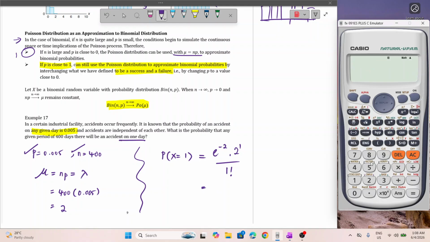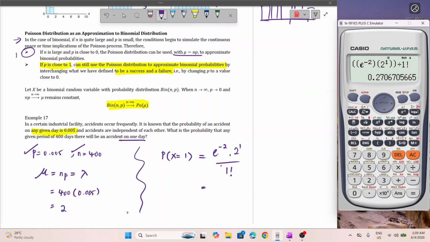Let's try: open the bracket, 2 times, shift, e to the power of negative 2, close the bracket, open the bracket again, 2 to the power of 1, close the bracket, over 1 factorial.